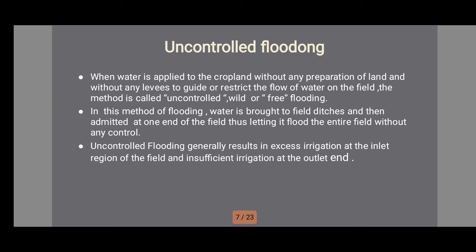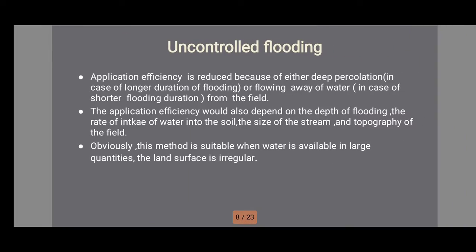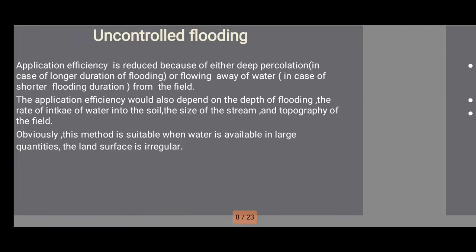Uncontrolled flooding generally results in excess irrigation at the inlet region of the field and insufficient irrigation at the outlet end. Application efficiency is reduced because of either deep percolation or flowing away of water from the field.